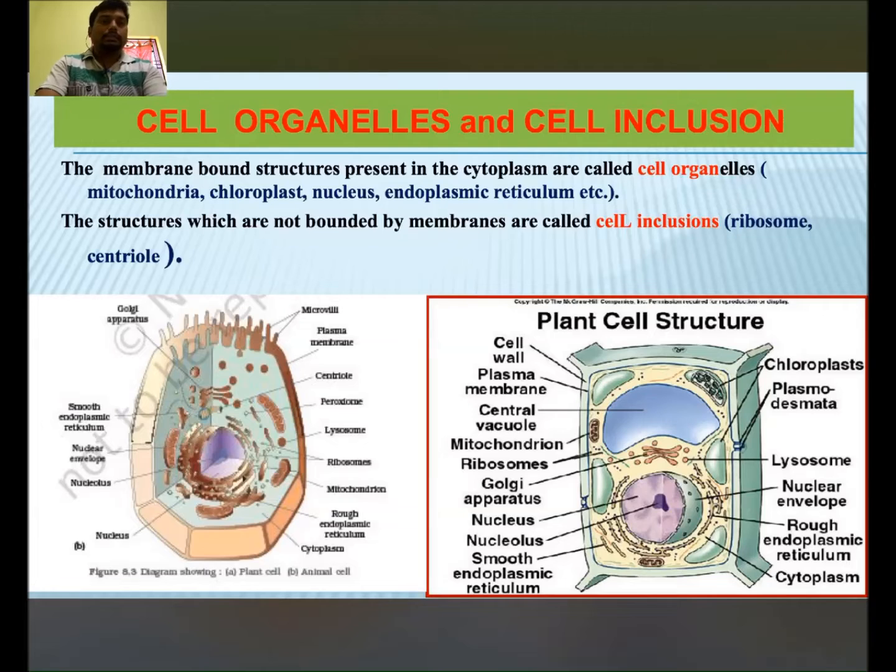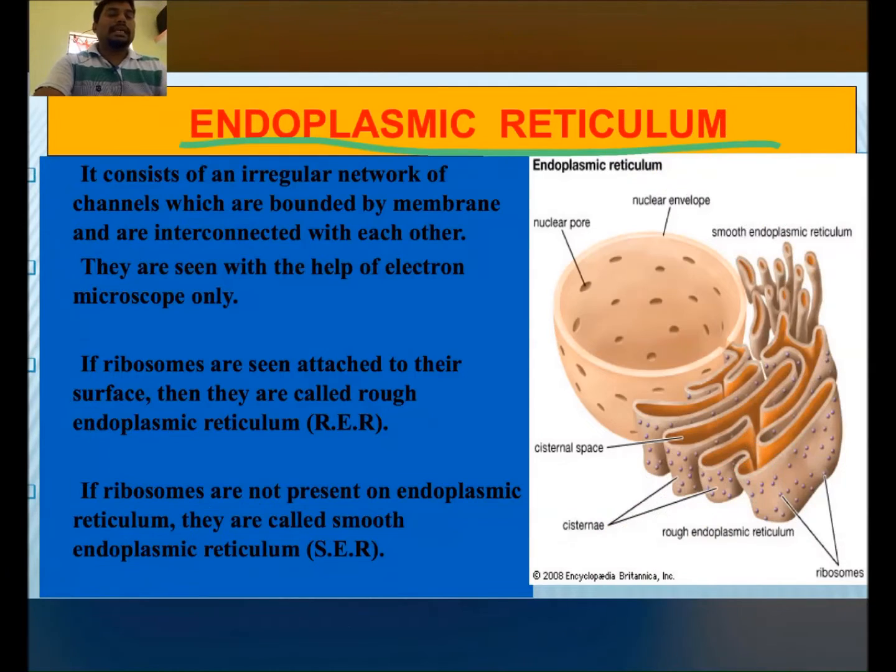You can see here this is animal cells and this is plant cells. In both the cells, their cytoplasm have cell organelles and endoplasmic reticulum. Can you tell me whether it is cell organelle or a cell inclusion? Yes, this is a cell organelle because this is a membrane bound structure and this consists of an irregular network of channels.